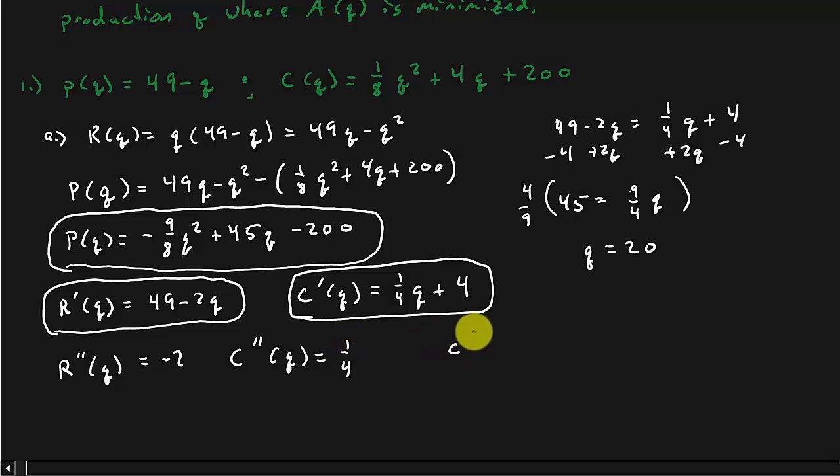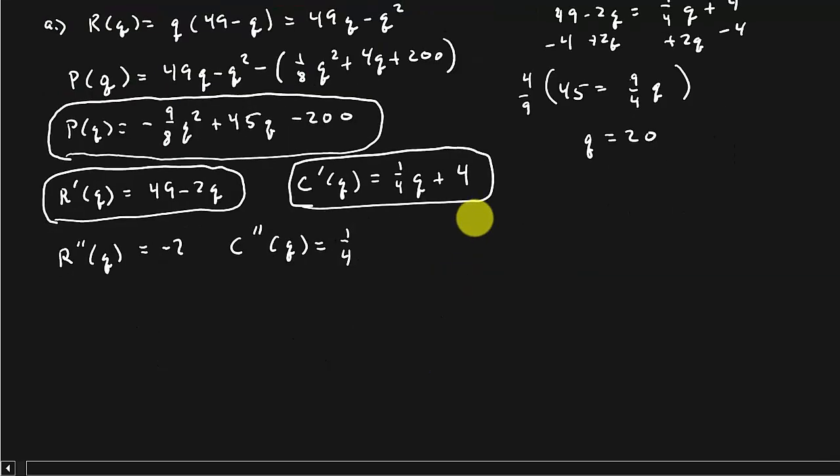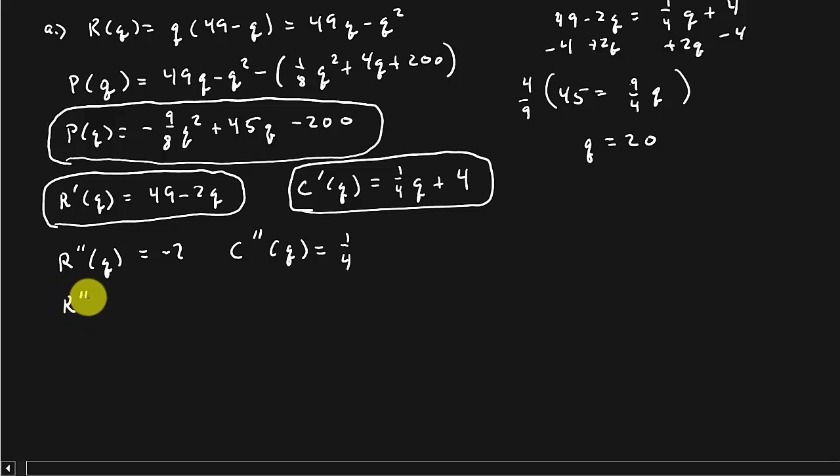And so I've got R double prime of 20, because that's what we found, is equal to -2, and C double prime of 20 is 1/4, and so we can see that -2 is less than 1/4.